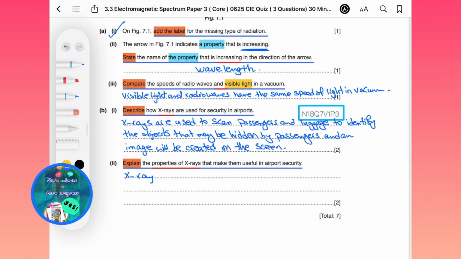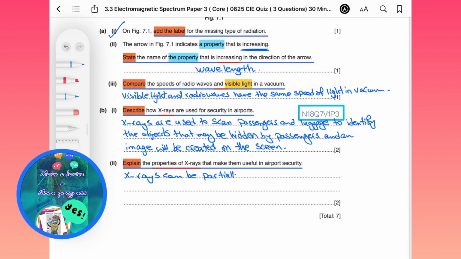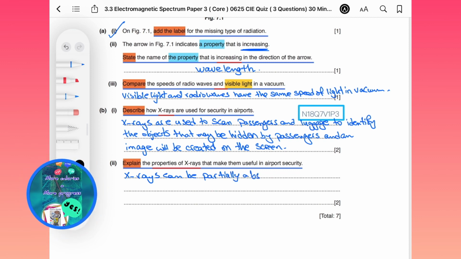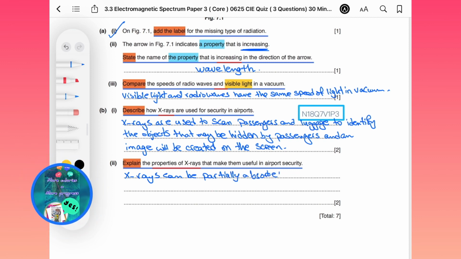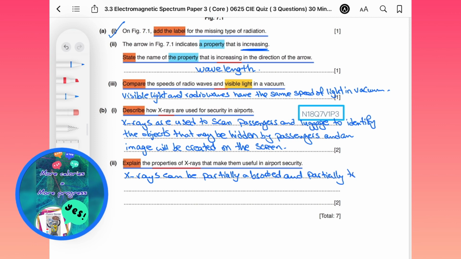X-rays can be partially absorbed and partially transmitted.